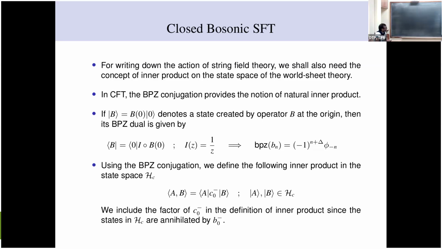Okay, so here A and B are states belonging to this restricted Hilbert space HC, and this insertion of c_0^- is necessary because these states A and B are annihilated by b_0^-. If you don't have this c_0^-, then what will happen is, suppose there is an identity here, then 1 is equal to the anti-commutator of b_0^- and c_0^-. And then that b_0^- will kill either bra or ket. So this will naively vanish.